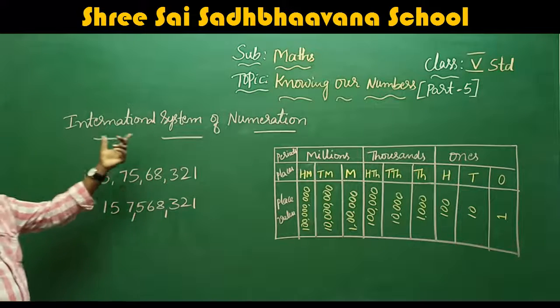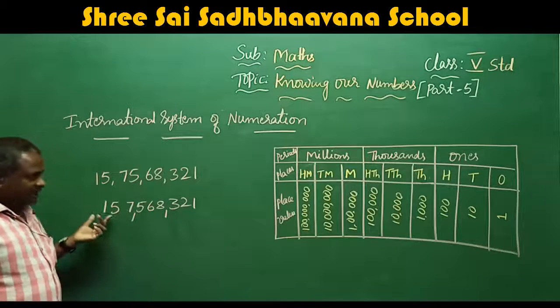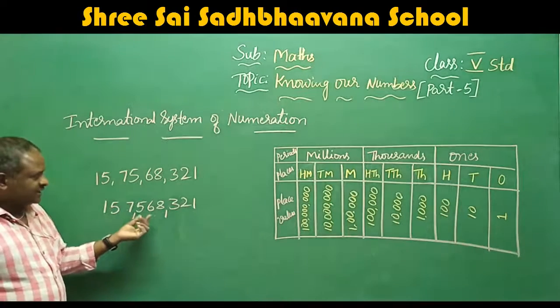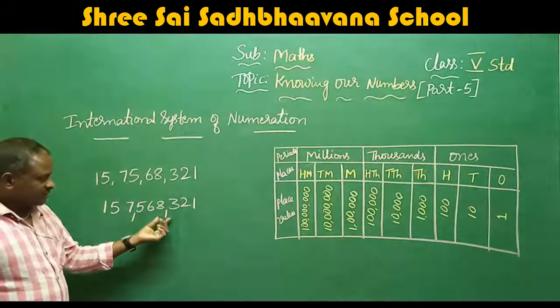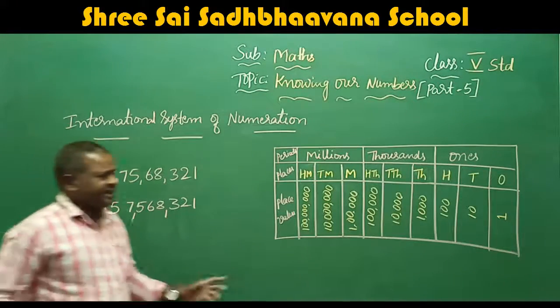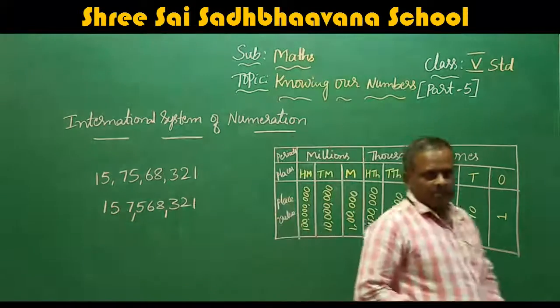9 digits in the international system consist of 100 million, 10 million, million, 100,000, 10,000, 1,000, 100, 10, ones. The same thing I have written here.